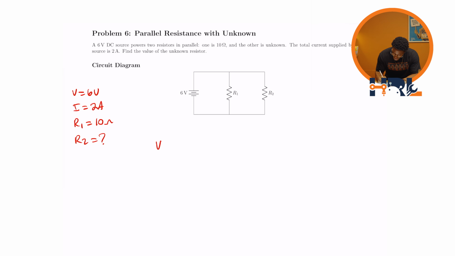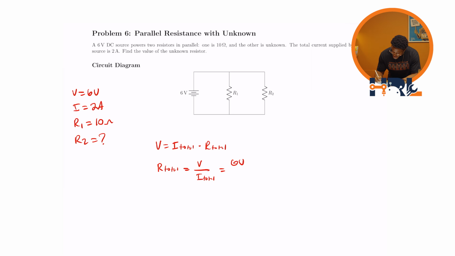So we have V is equal to I total times R total. So we want to find the total resistance in this case, since we know the voltage and the total current going through the circuit. So now we have R total is equal to V over I total.